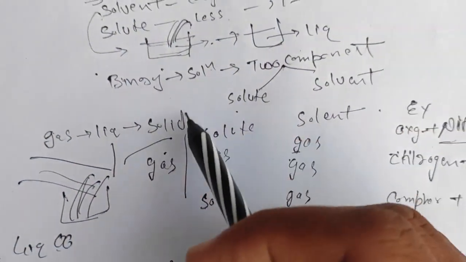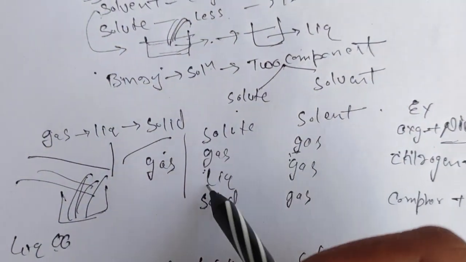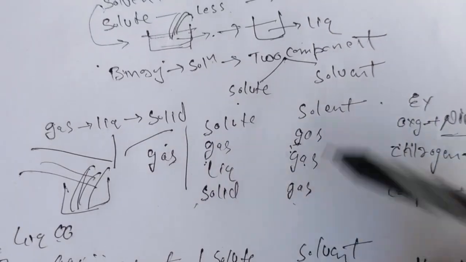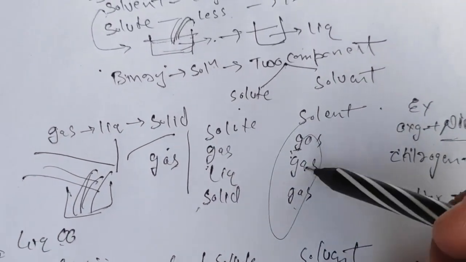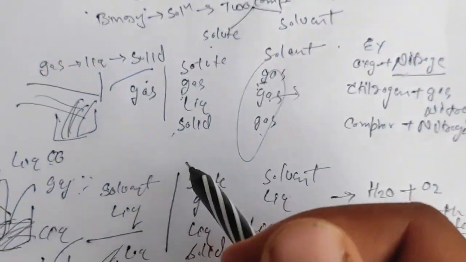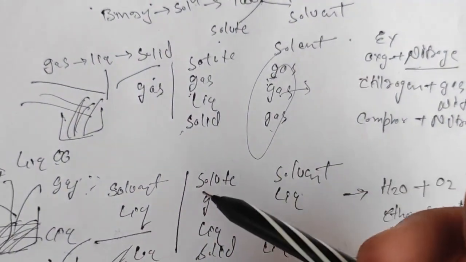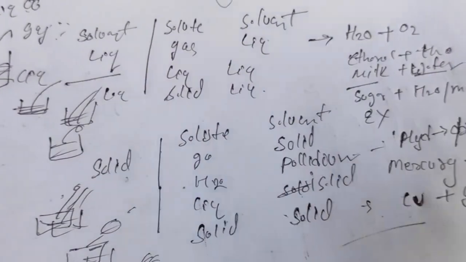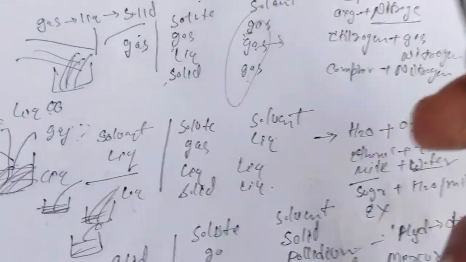First we took gas as the solvent with gas, liquid, and solid solutes, meaning we keep the solvent constant and vary the solute, and the same for the solvent as liquid and as solid. This is the overall example of it.